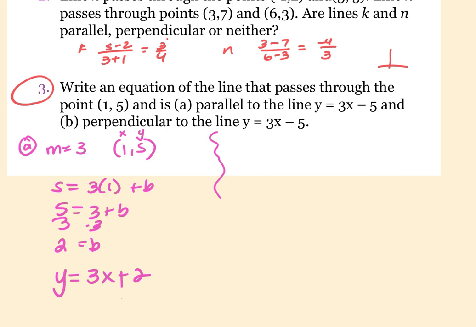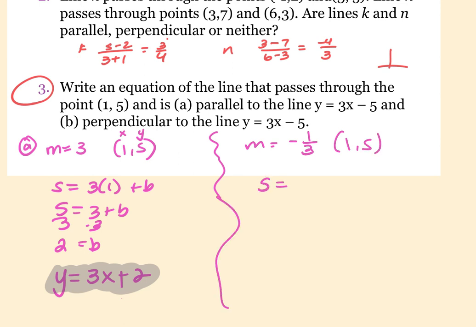Then for perpendicular, you just use the same point, but this time what do I do with that slope, Kumar? Good. Negative 1/3. And then I still use the point 1, 5. So then y, which is 5, equals m, negative 1/3, times x, which is 1, plus b. And I get 5 equals negative 1/3 plus b, add the 1/3.